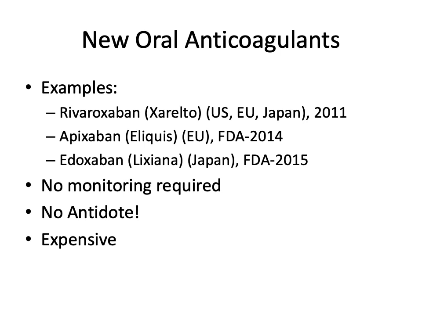Apixaban was initially approved for prevention of stroke associated with atrial fibrillation and can also be used for prevention of deep vein thrombosis and pulmonary embolism. Edoxaban is approved for the prevention of stroke and non-central nervous system systemic embolism. These new anticoagulants do not require monitoring, but they are rather expensive, and no antidote currently exists for them.